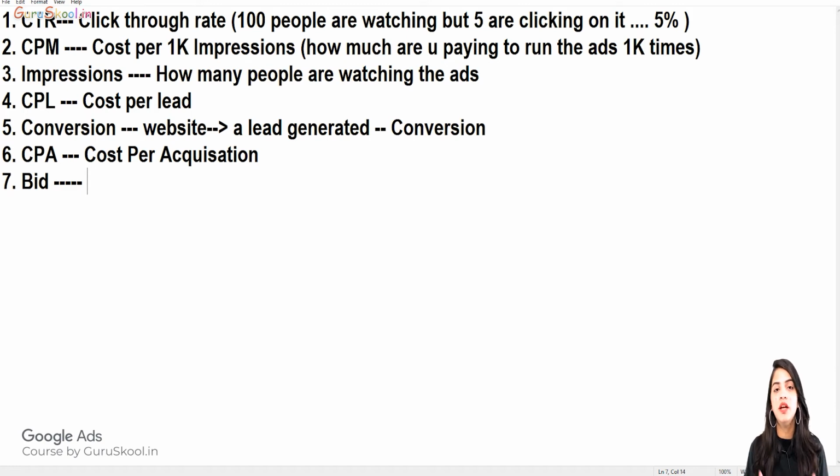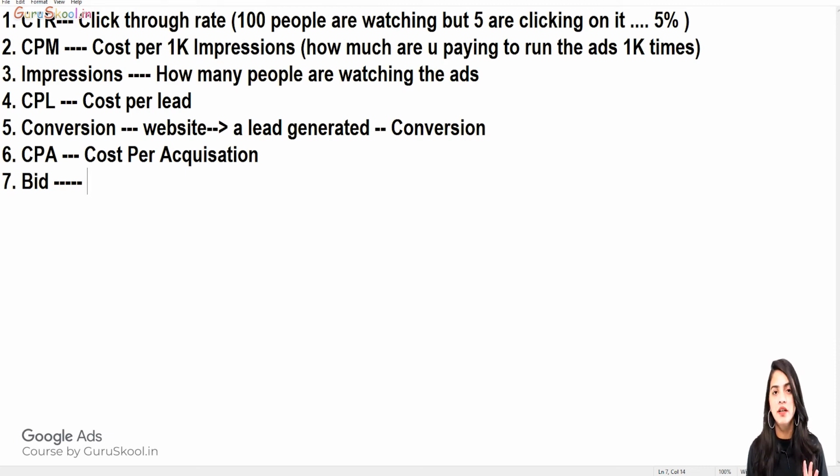But in every field there is a different terminology. In Google Ads, there is a bid, which means I am hiring Google to get me promoted, to get my publicity. If I get a single lead, this is what I can pay. If I get a click, I can pay this much amount.